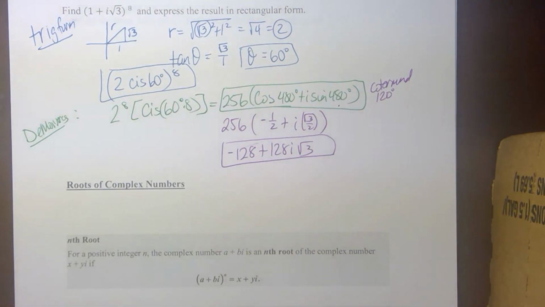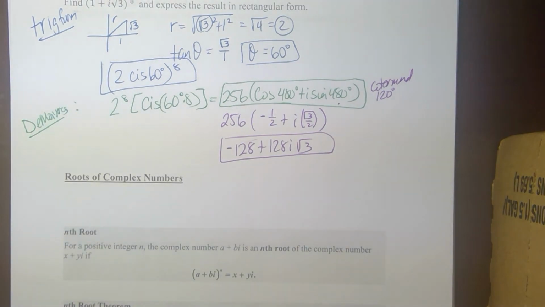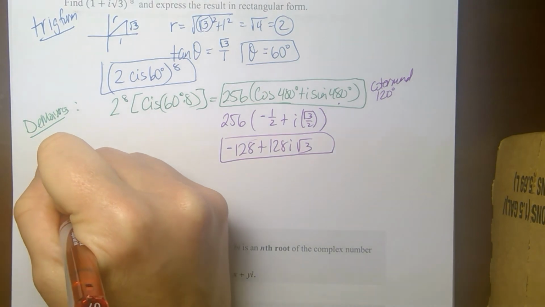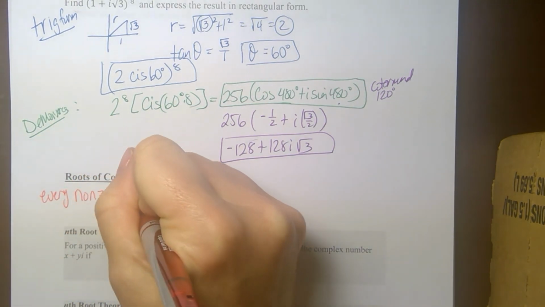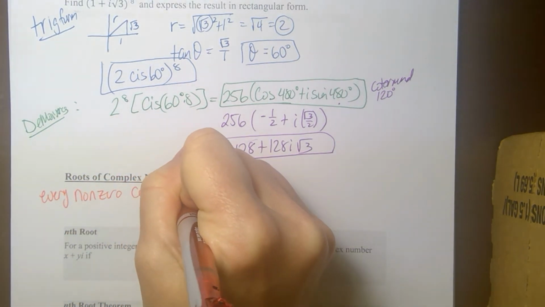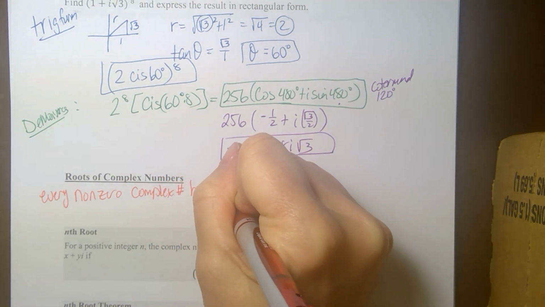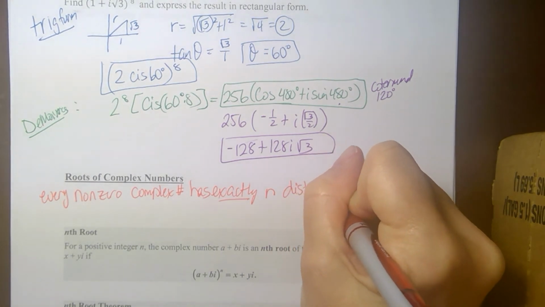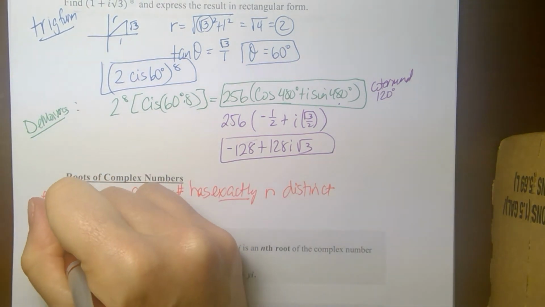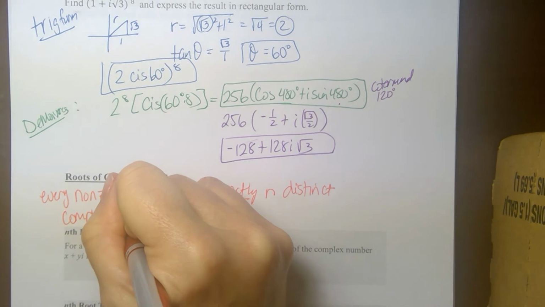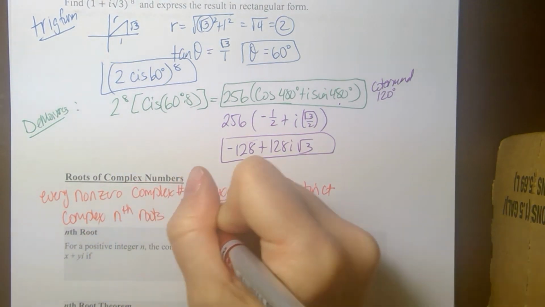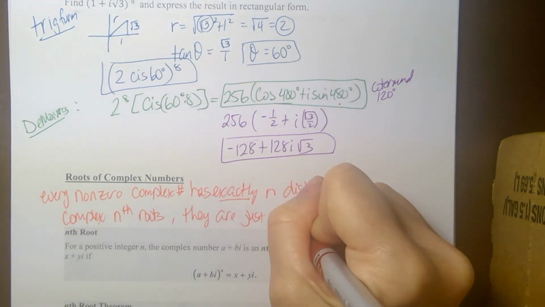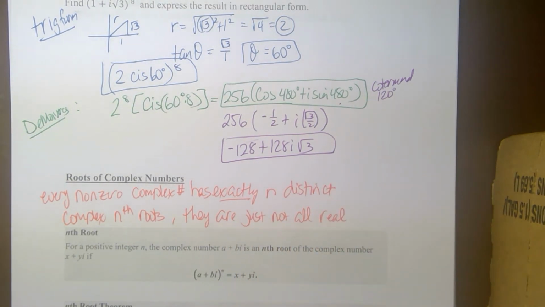If we consider imaginary complex numbers, then every non-zero complex number has exactly n distinct, or different, complex nth roots. They're just not all real.